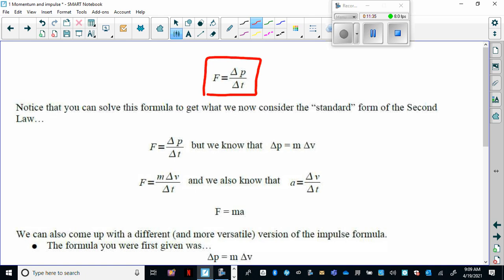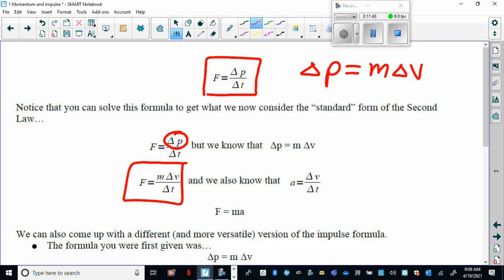But since we just did impulse and we know that the change in momentum is mass times the change in velocity, then we can substitute that in to get this formula here, right? Instead of this, we're going to write m delta v, and we have a new formula, F equals m delta v over t.